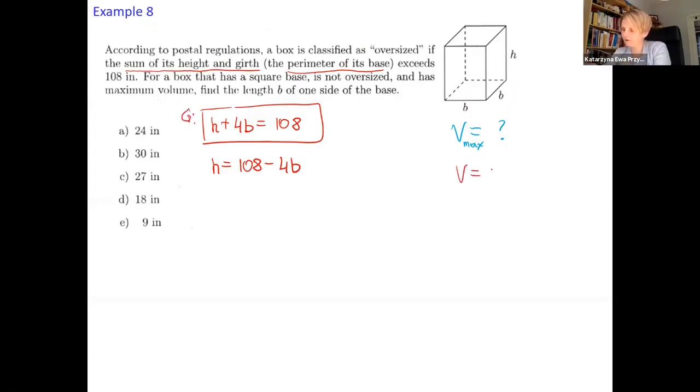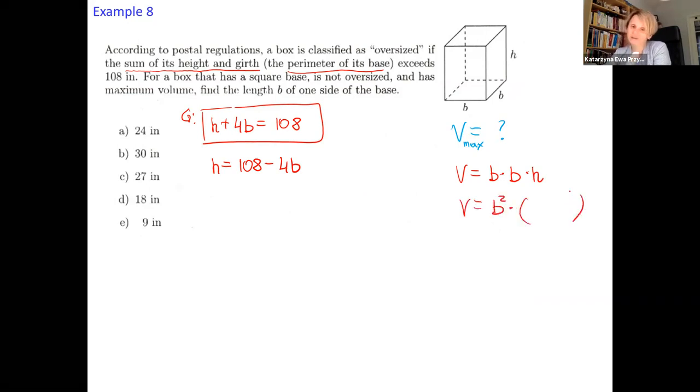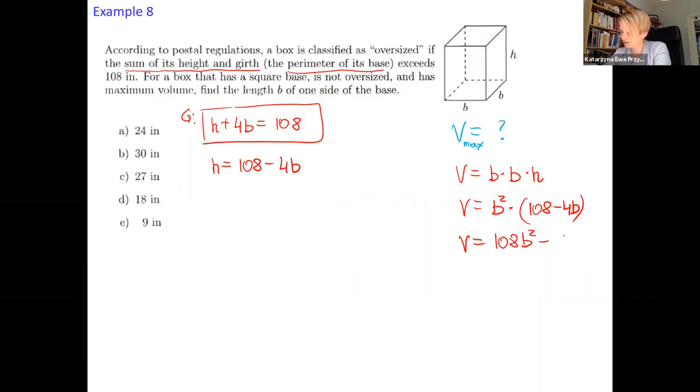And now volume is base, length times width times height. B squared times height. But height, we need in terms of b, because we need a one variable function, 108 minus 4b. Volume is defined as 108 b squared, I'm distributing this, b squared minus 4b cubed.